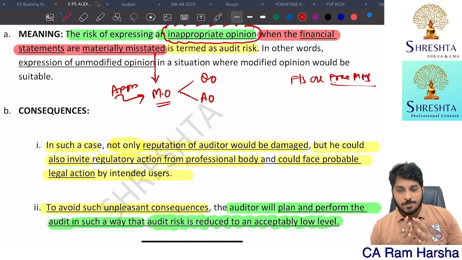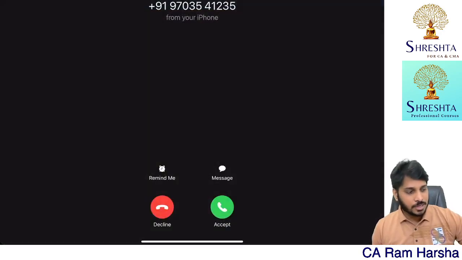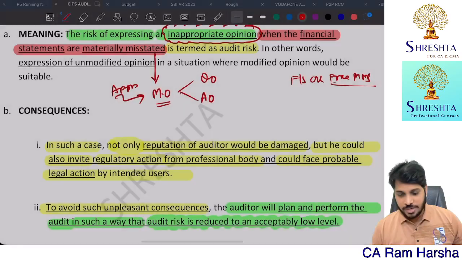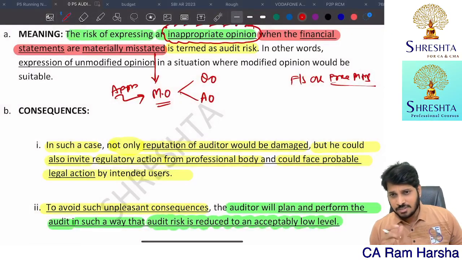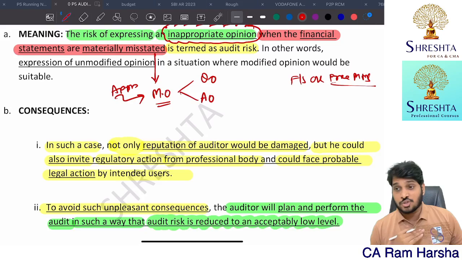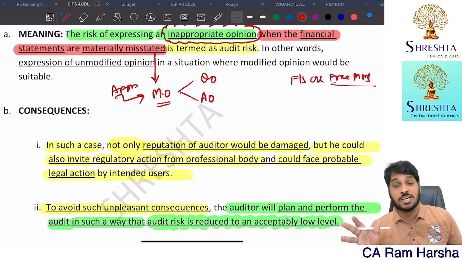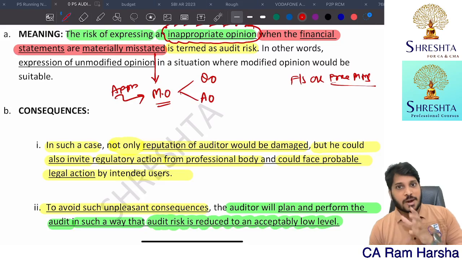Suppose the financial statements are actually true and fair, but you selected a sample and found 3 or 4 material mistakes in it. You concluded inappropriately that since the sample itself has so many mistakes, the financials also will have many mistakes, and you gave an adverse opinion, even though the financial statements are actually true and fair.